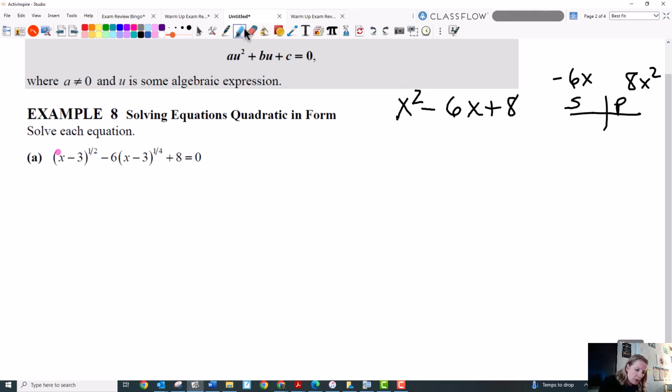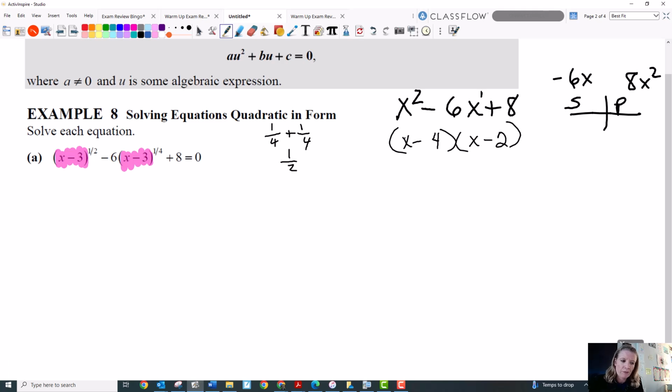You kind of have to look at it as if you add 1/4 and 1/4, you get a half. If you add x to the first and x to the first, you get x squared. So what this guy factors into is x minus 4 and x minus 2.